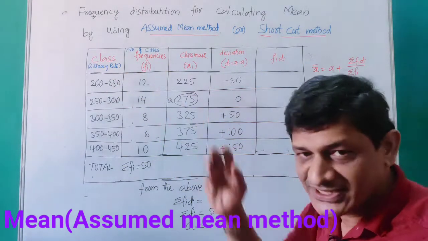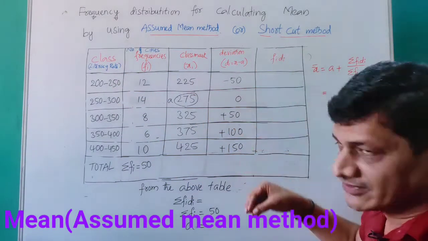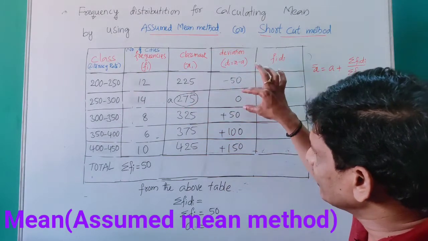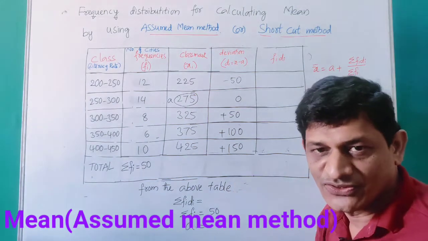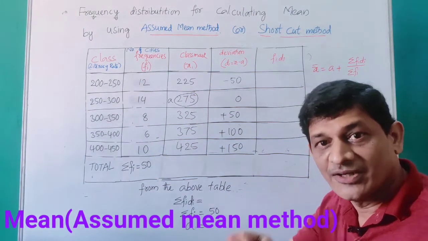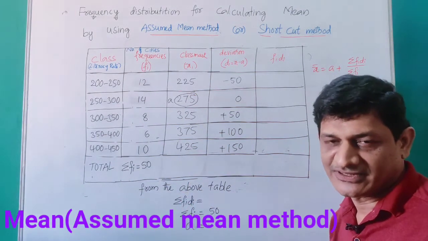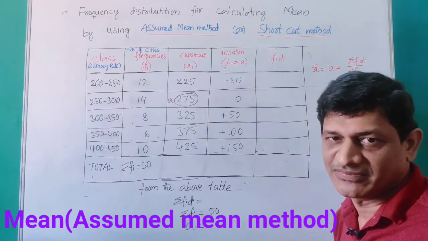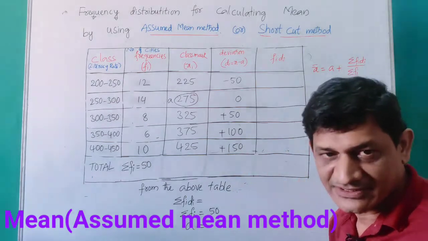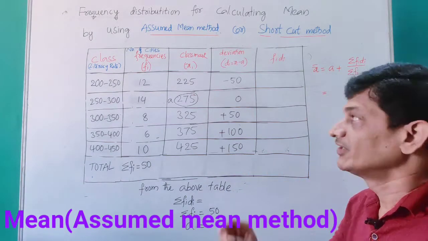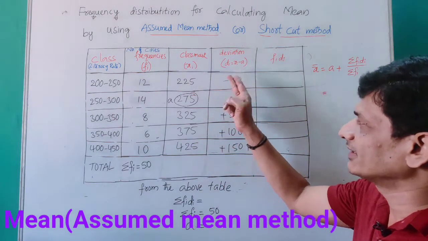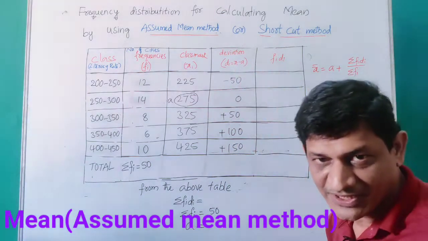If the class size is 10, then write the multiples of 10. At a, the deviation value is always 0. Upwards, write the negative multiples of that class size, and downwards write the positive multiples of that class size. That is a simple technique to fill the deviation column without calculating each and every row by using this formula.